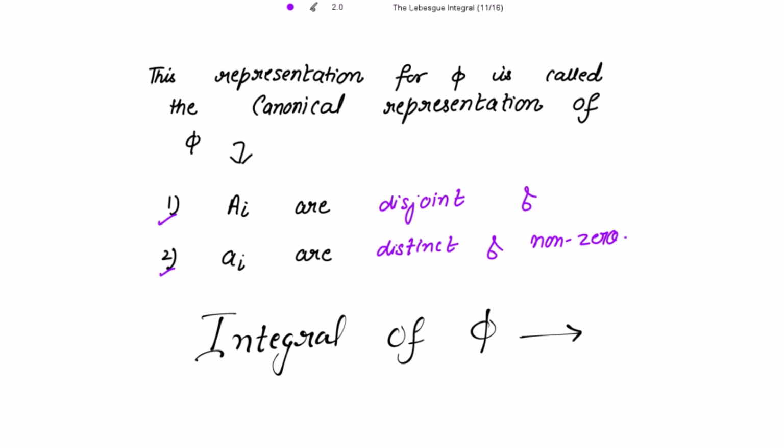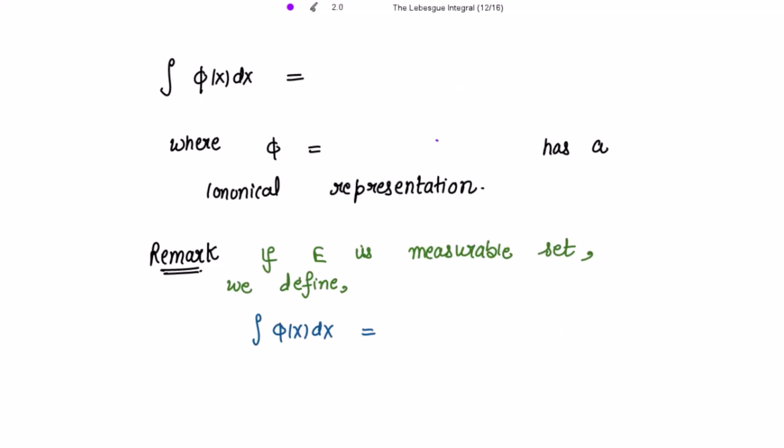Next is the integral of phi. Now what if phi vanishes outside a set of finite measure? If phi vanishes outside a set of finite measure, then we define the integral of phi x dx as equal to summation a i, i going from 1 to n, times the measure of A i, where phi is equal to summation a i chi A i, i going from 1 to n, has a canonical representation.